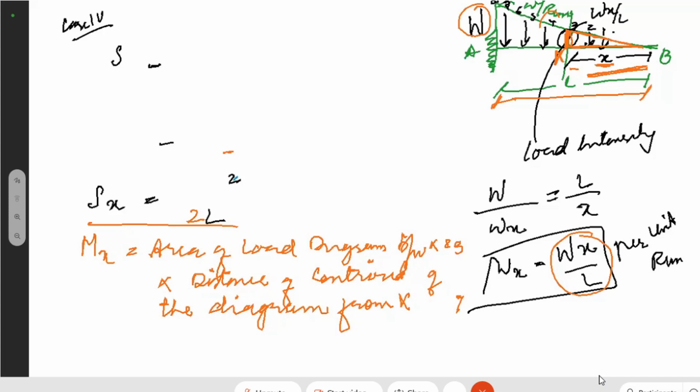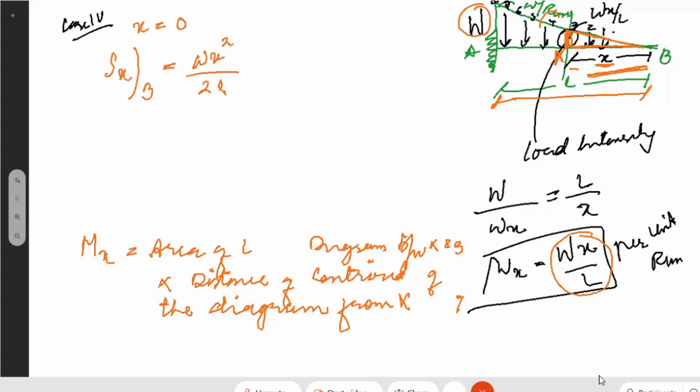It was Wx square by 2L. Giving the value 0, it will be 0.